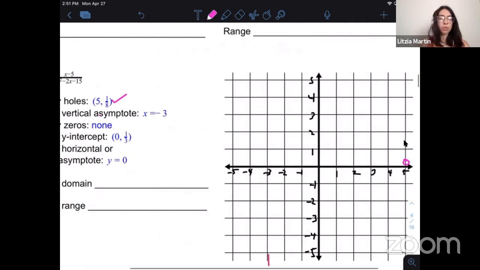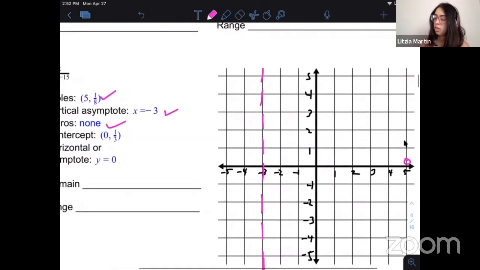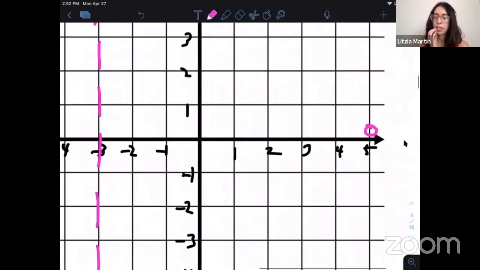So that is check, done. Then we have a vertical asymptote at x equal to -3. So at -3, we're just going to do vertical asymptote. Check, that is done. There are no zeros. Okay, so that's taken care of. And then we have a y-intercept at (0, 1/3). Another fraction.